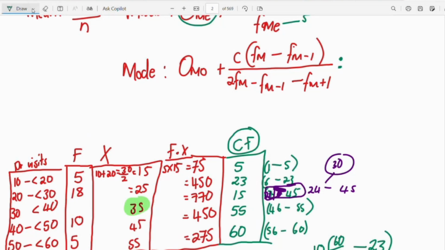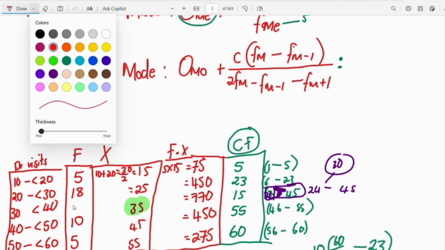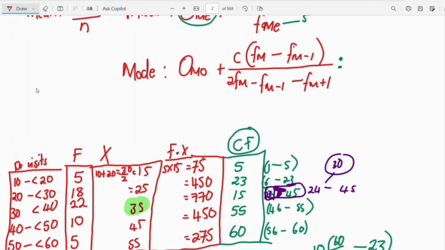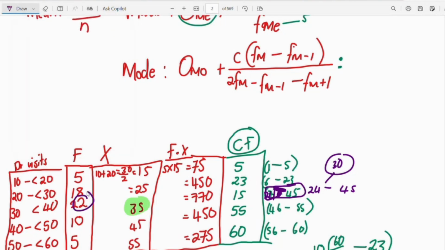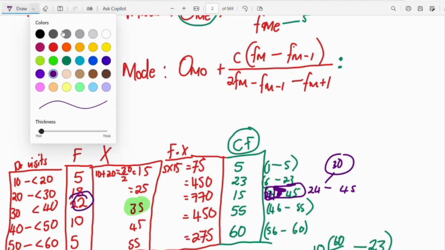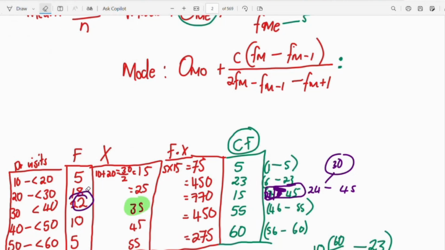Okay, let's write this 22 back. So where is the highest frequency? So now we just want to establish this is the highest frequency. Maybe let's write it nicer, right? So 22 is the highest.